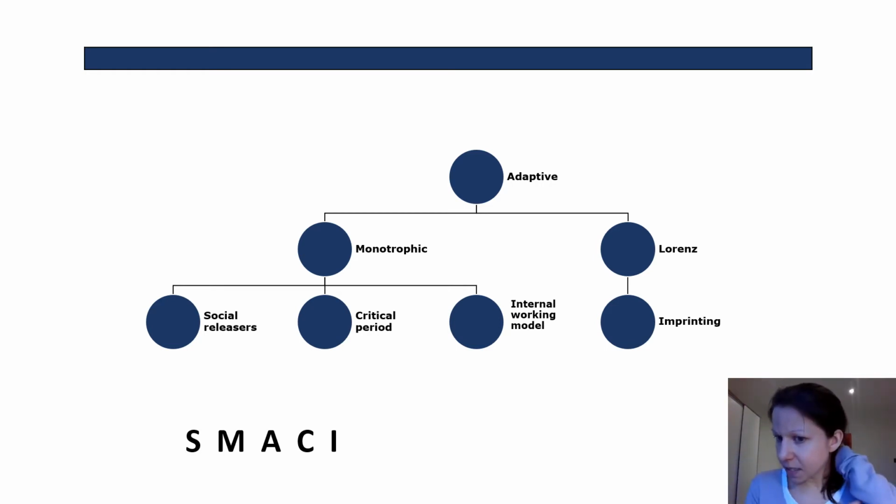In this theory, Bowlby tells us that babies have physical characteristics, the cuteness, the chubby cheeks, everything about them that just makes people, especially women, but I'm not being sexist here, go 'aw' and want to care for the infant.